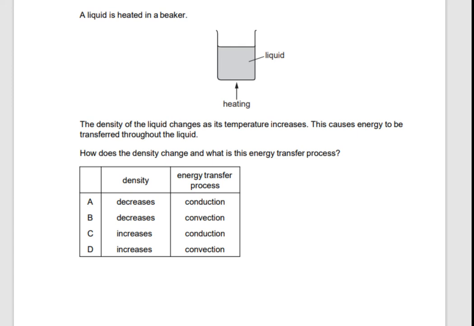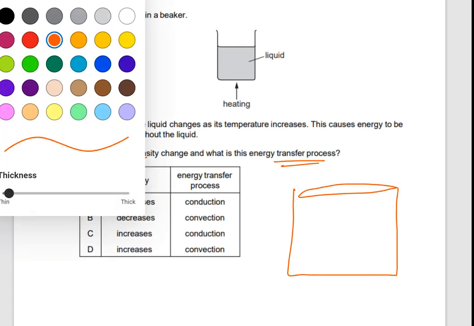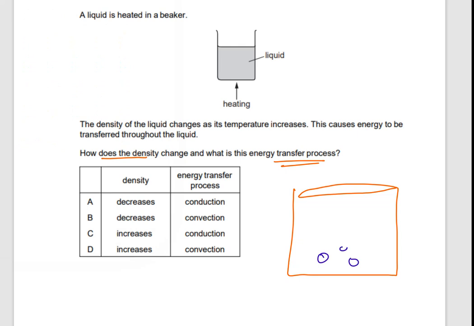As the liquid is being heated, how does the density change and what is this energy transfer process? If this is the vessel which contains water, as you heat it up, the water molecules here gain energy and they spread out.